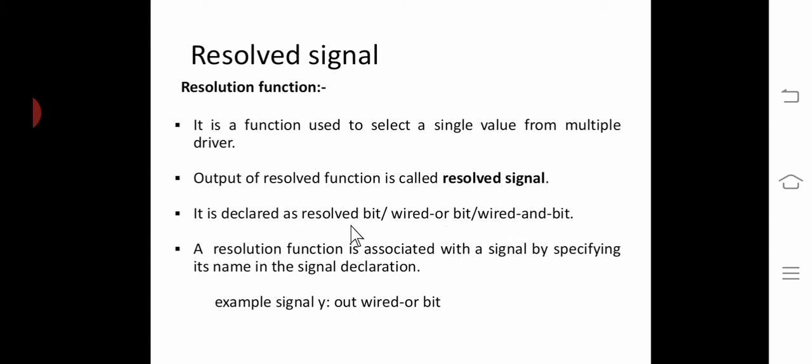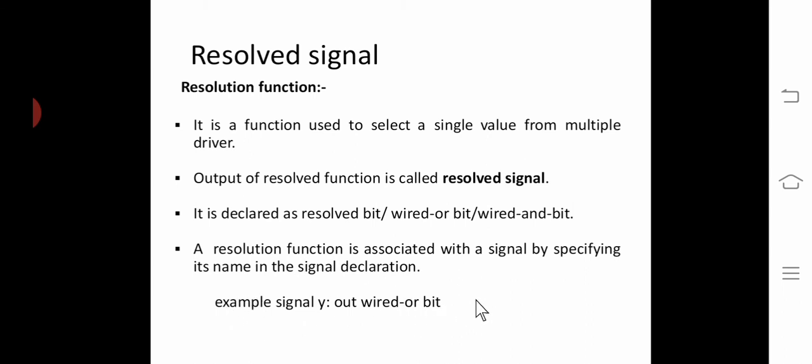Then it is possible to find the resolved signal when there are multiple drivers. A resolution function is associated with a signal by specifying its name in the signal declaration, that is, signal Y out wired OR bit. Like that you have to declare to get the output.